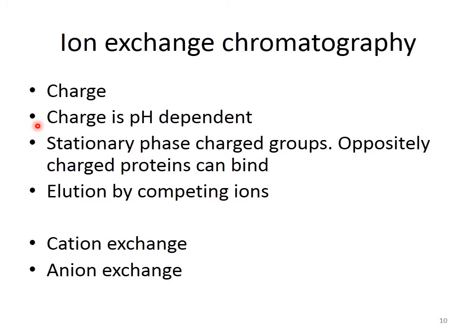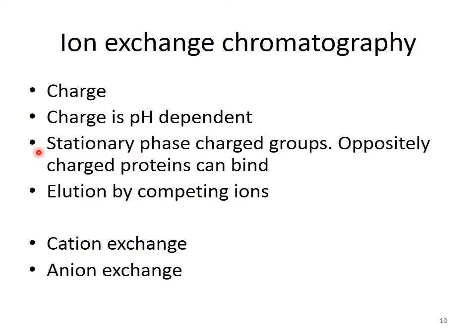So, we adjust the pH of the buffer in such a manner that the protein of interest contains a charge on it, and now it would be able to interact with the stationary phase through the charge-charge interaction. In this type of chromatography, the stationary phase contains charge groups on it. The stationary phase may contain positively charged groups or negatively charged groups.